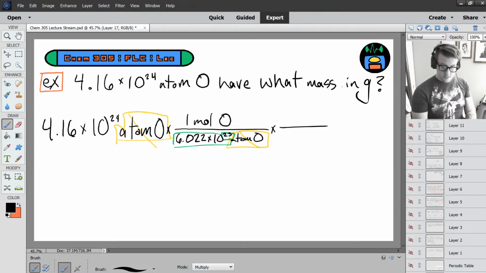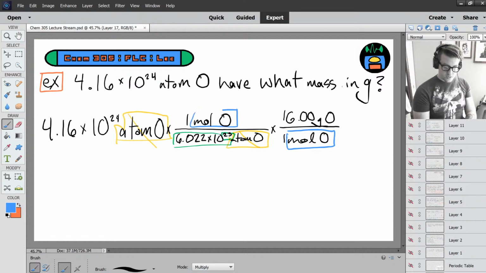Next, we can convert from moles of oxygen to grams using the atomic mass. Here, moles of oxygen will cancel moles of oxygen, leaving us with grams, which is what we're trying to find. Now that grams, the unit we're after, is the only one remaining, we get to crunch our numbers.